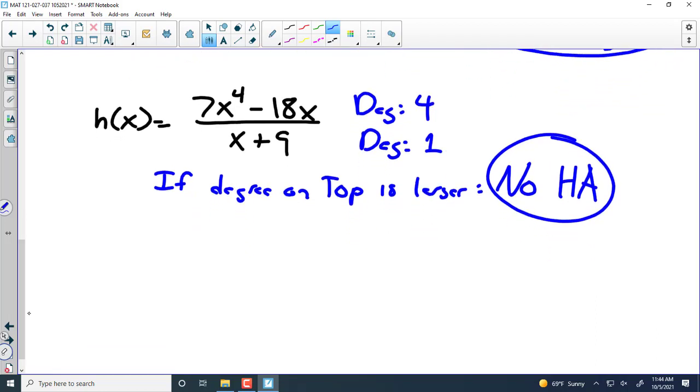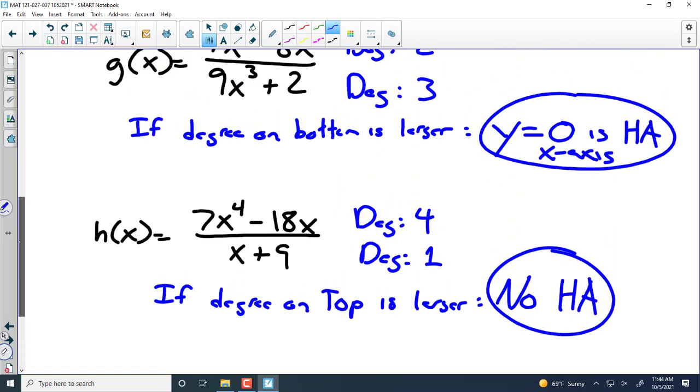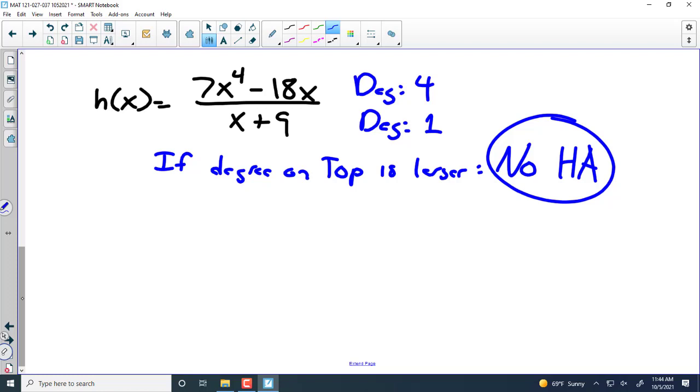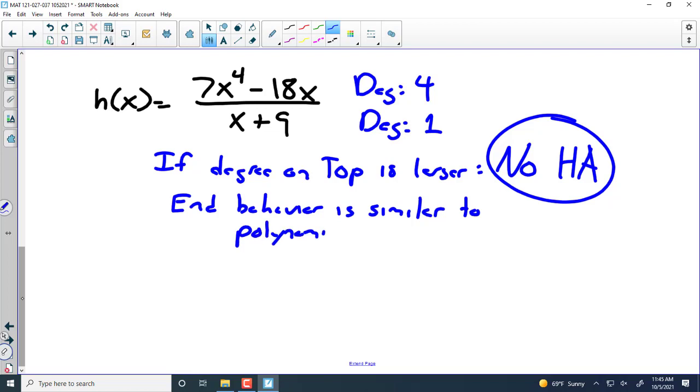Even not 0? What's that? Not 0? No, the other one was 0. That's if the degree on the bottom was larger. If the degree on top is larger, you don't have a horizontal asymptote. And the end behavior will be similar to one of the 4 types of end behavior of polynomials.